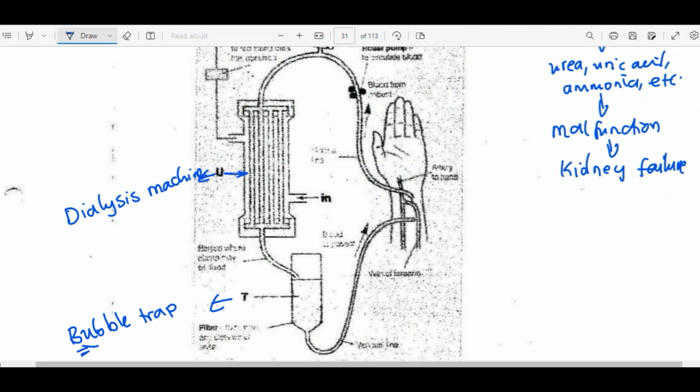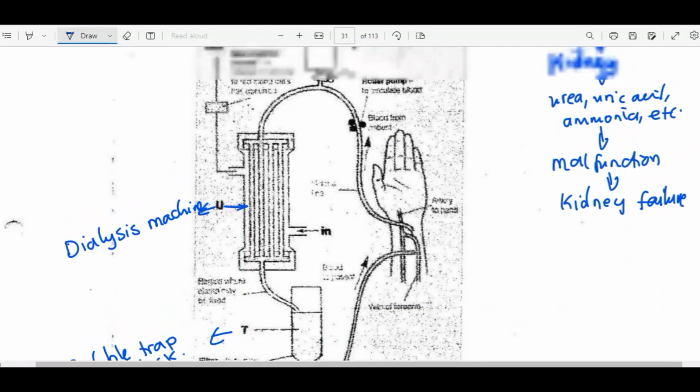The bubble trap is there to remove gases to prevent airlock, right? Because if this happens, then we may have malfunctioning of this machine, and if that happens, there is no need for a patient being connected to it.